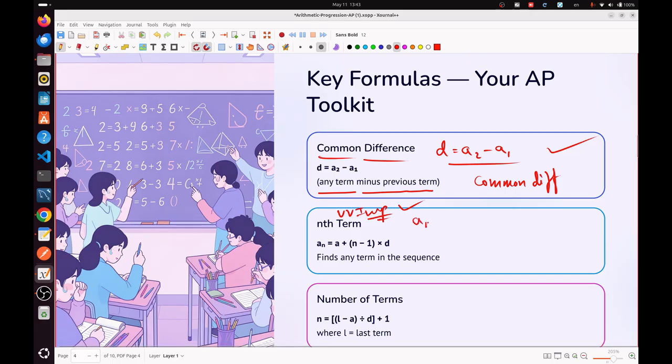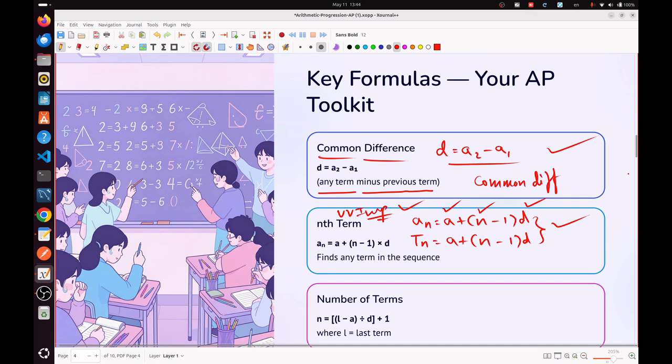That is an equal to a plus n minus 1 into d, to find the nth term in the series, or you can take it as tn equal to a plus n minus 1 into d. Both are one and the same. Here a is the first term, d is the common difference, and an is the nth term.